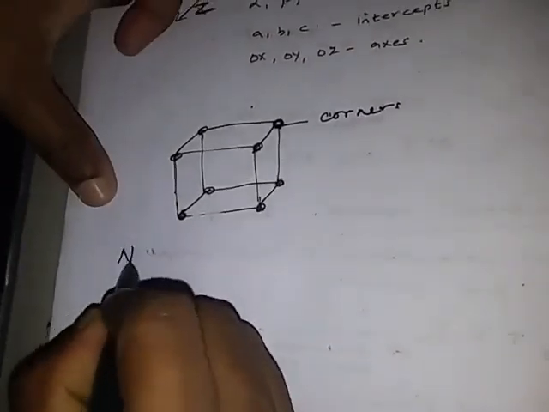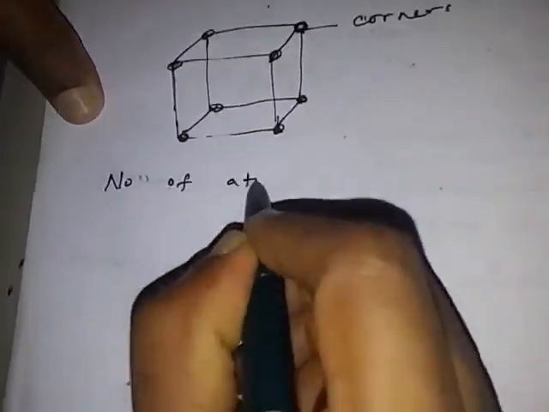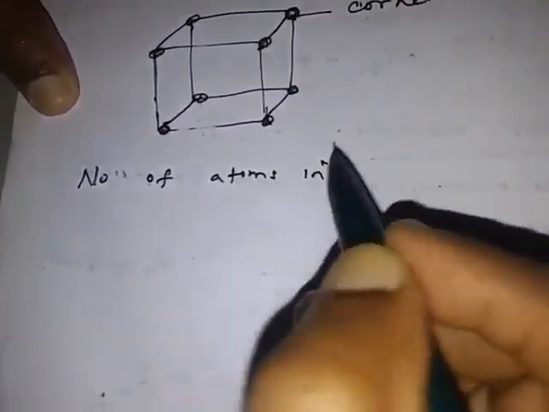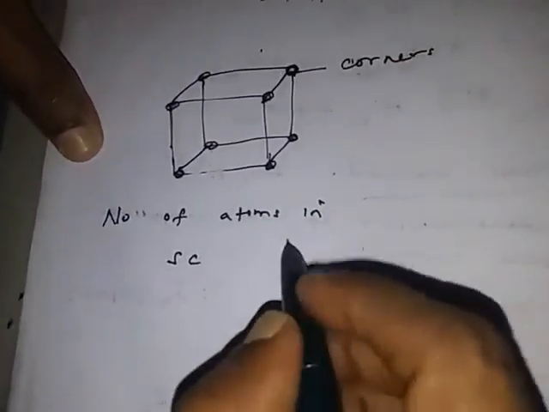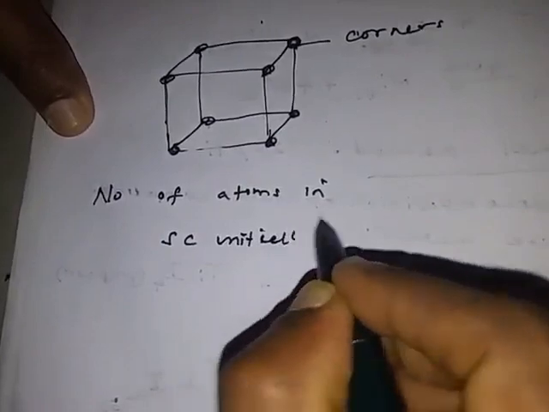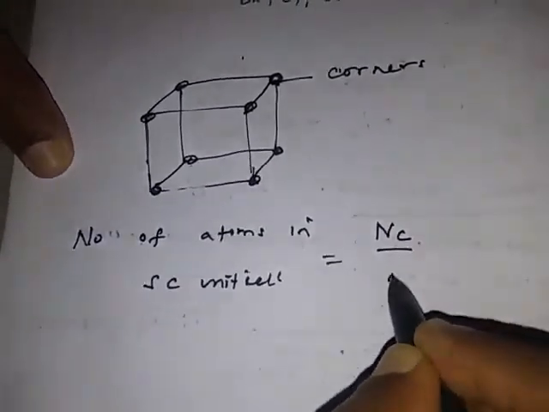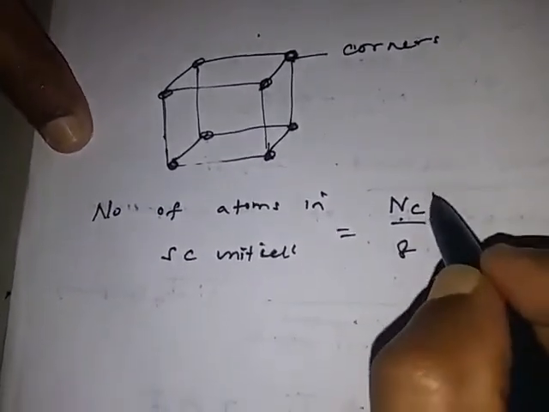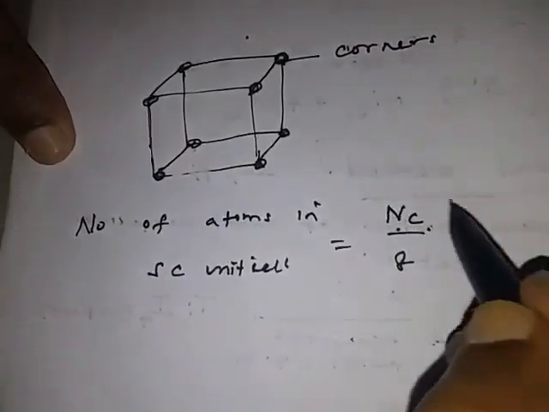So now if we find the number of atoms in a simple cubic unit cell, it is nothing but Nc by 8, where Nc is the total number of atoms at the corners.